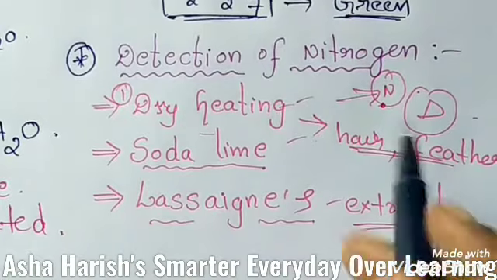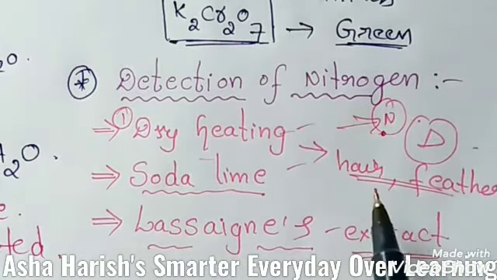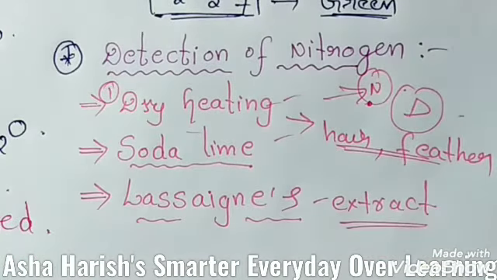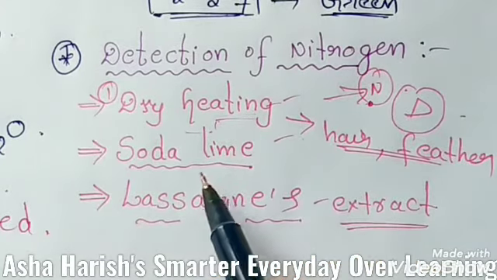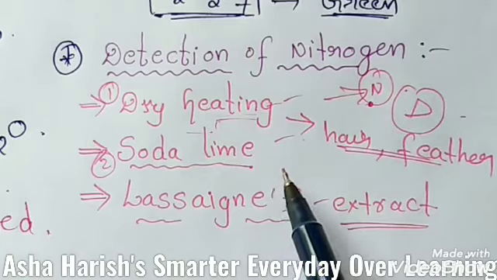One limitation is there for the dry heating test. This test is however not reliable, since many compounds containing nitrogen do not give this test accurately. You may not get the exact result from the dry heating test. Then you can go for the second type of detecting nitrogen, the soda lime test.